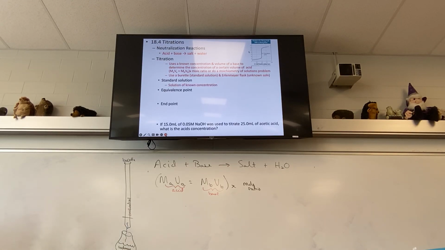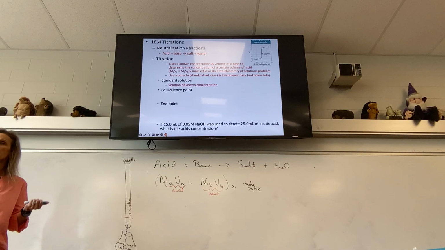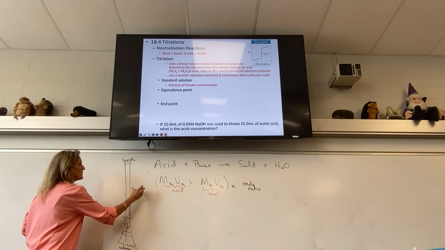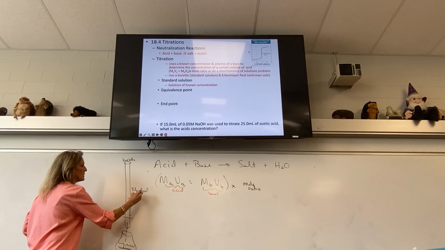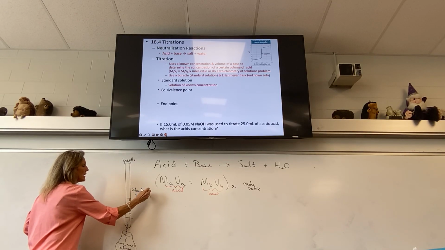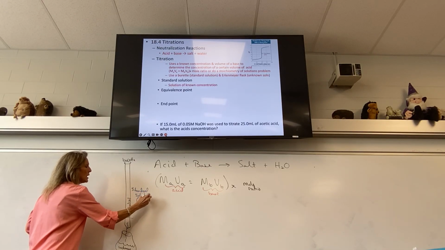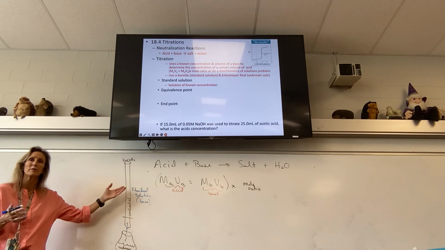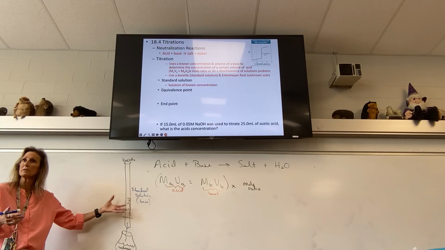So the standard solution is the name of the solution that we know. So this is going to contain the standard solution. In our case, this is going to be the base, but we could do it in either direction. If we know what the acid's concentration is and we're trying to figure out the base, we just flip-flop these.